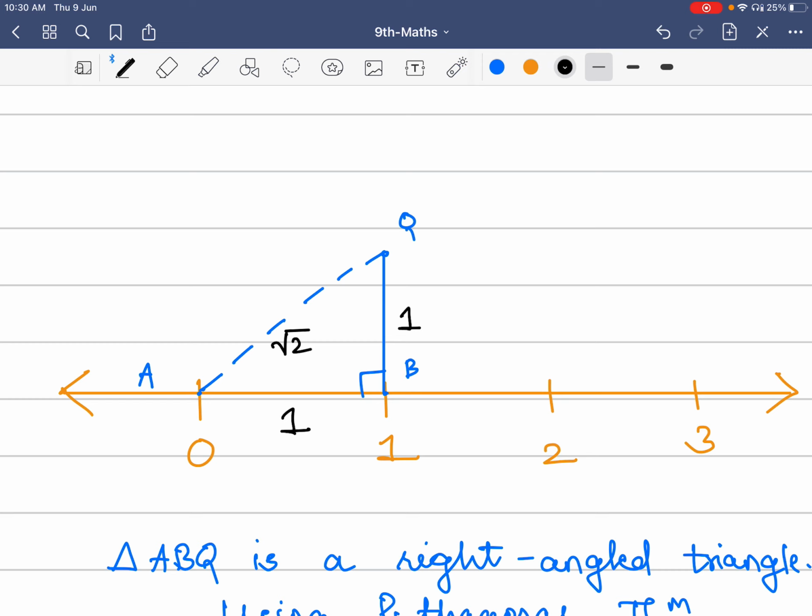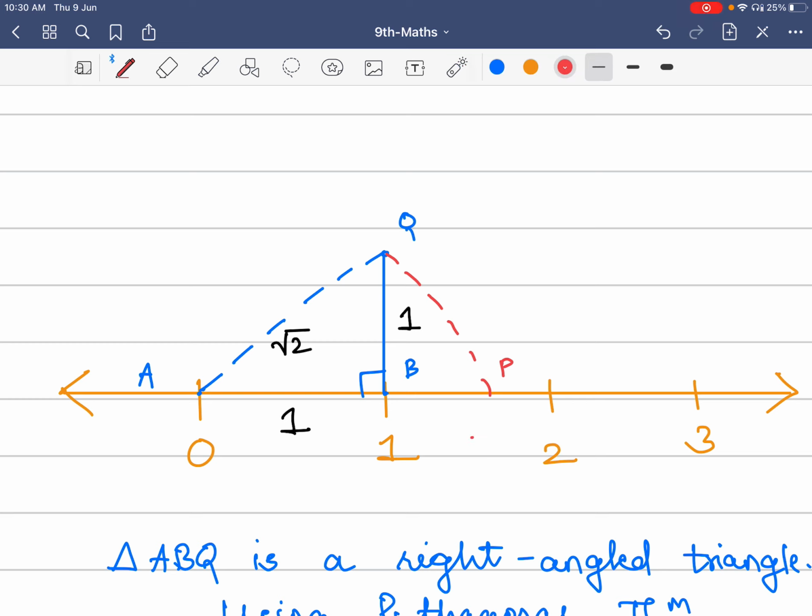Let me do that construction. We just complete this arc and it will intersect the number line somewhere. Since it's a circle, AQ will be equal to AP, where we call this point P, by the property of circle, and thus we get root 2 on our number line.